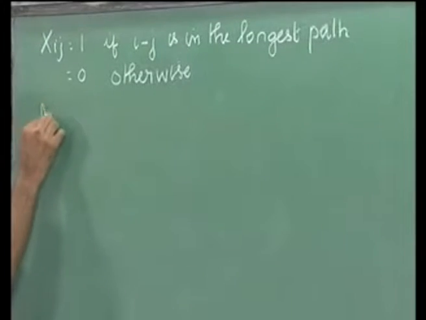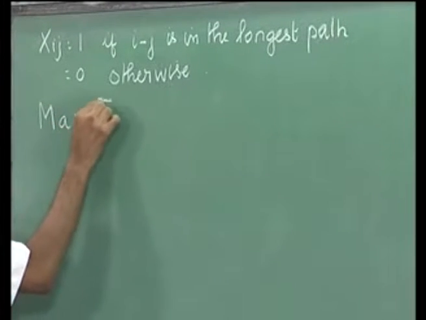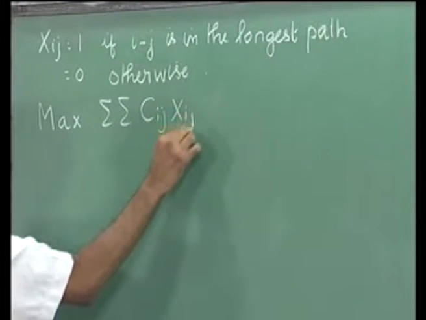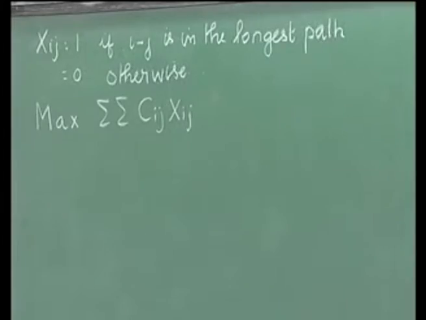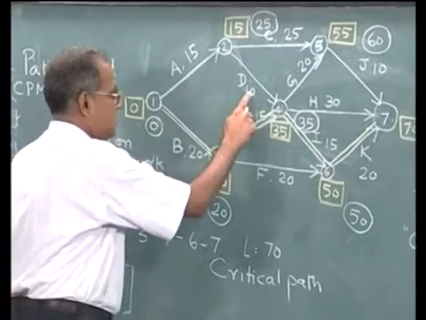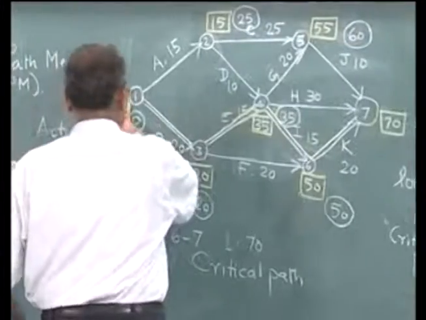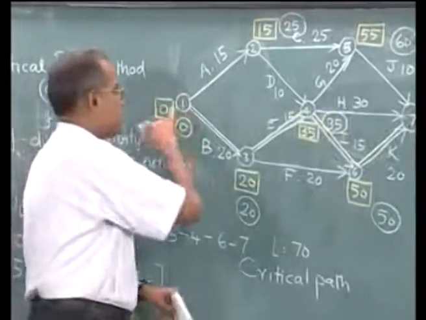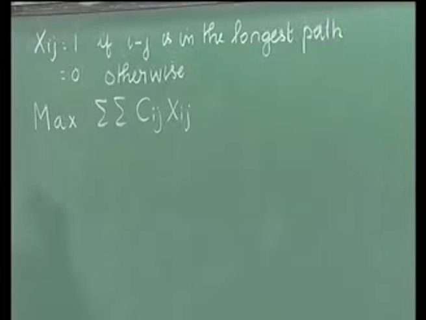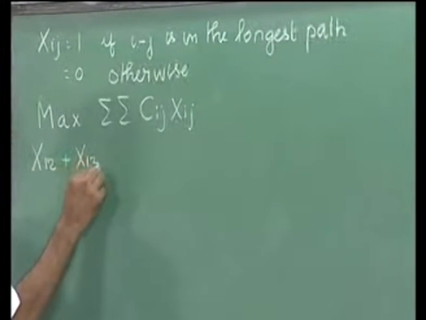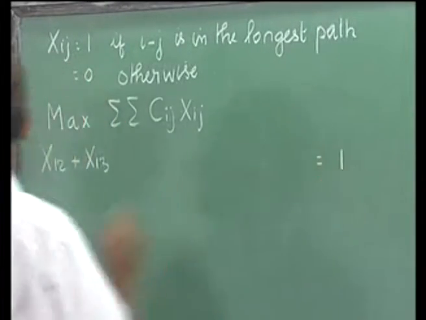So, the objective function will be to maximize sigma Cij Xij, where Cij stands for these durations. Now, this is the origin. So, the longest path should start from here. Therefore, we have the usual x12 plus x13 equal to 1.